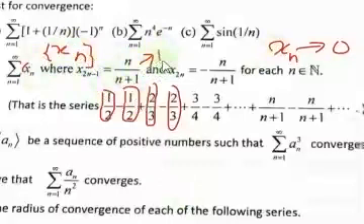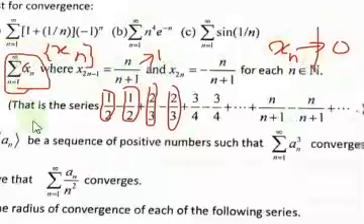That means the original sequence does not converge to 0 as n tends to infinity, that means this one is a divergent series.